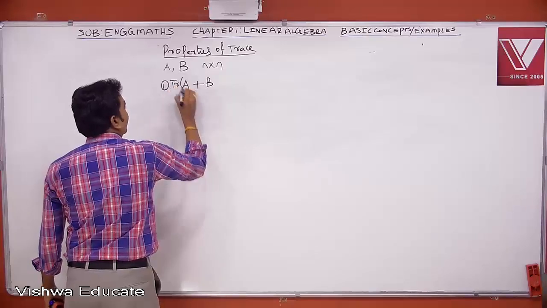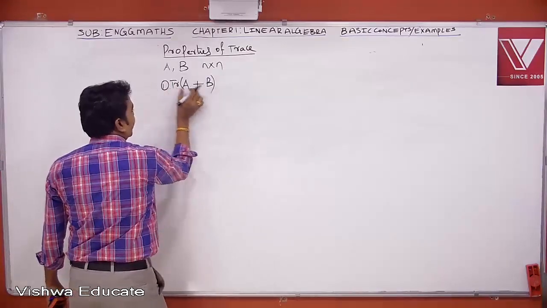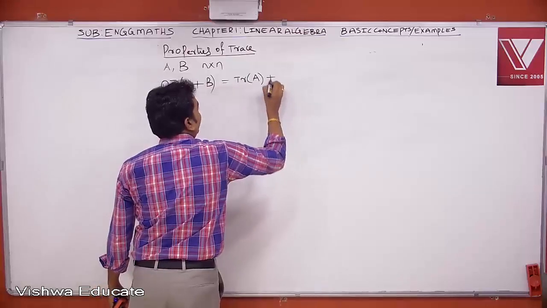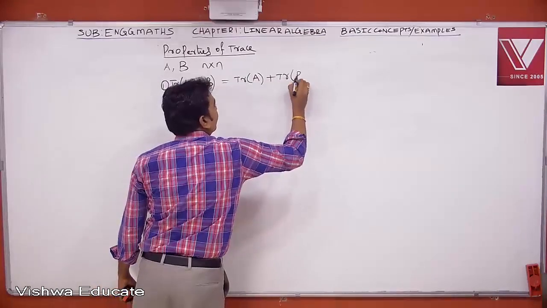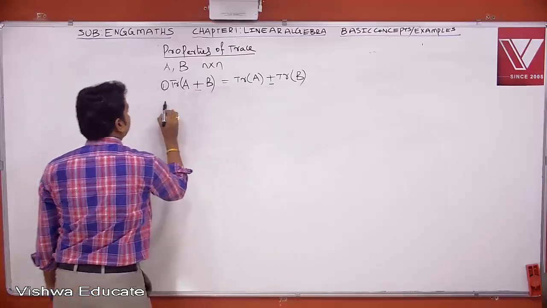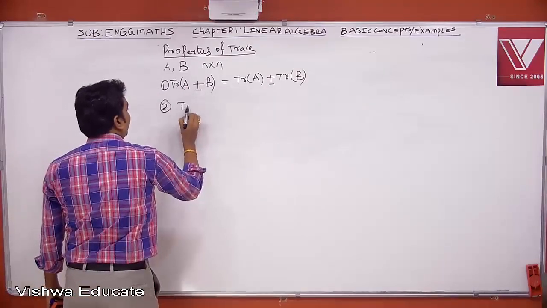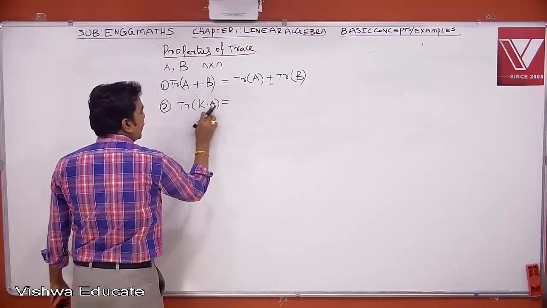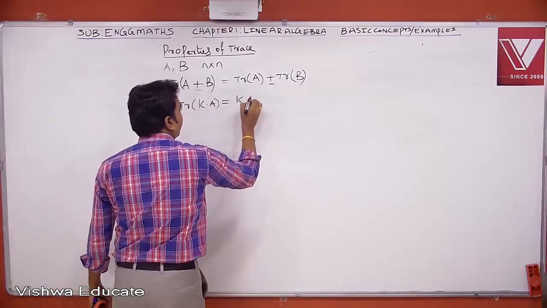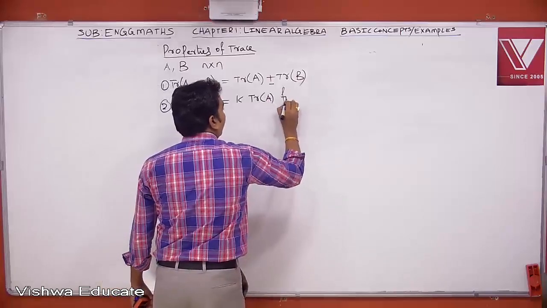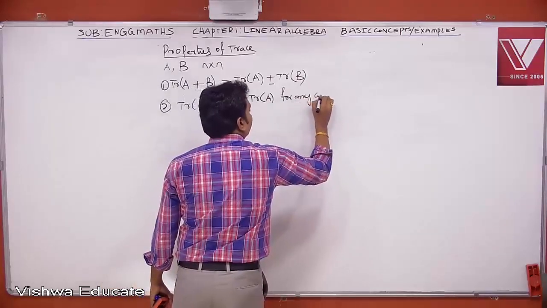Now I can discuss the trace of this matrix. So trace of A plus B is trace of A plus trace of B. If it is minus, we get a minus sign. Next one is trace of kA. k is a constant, A is a matrix. So k can be taken before trace. So this is k times trace of A for any constant k.